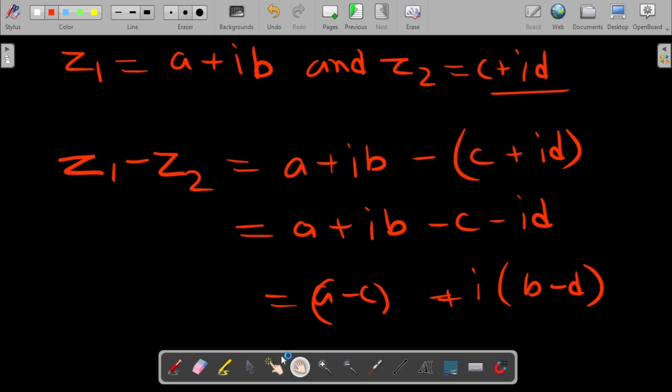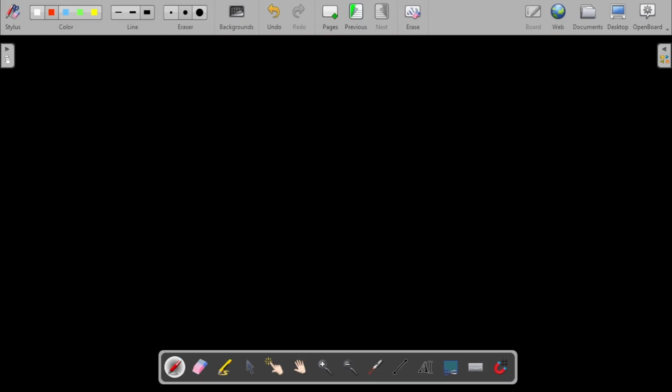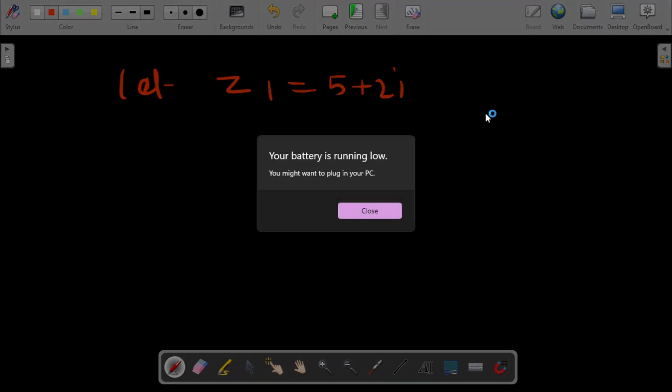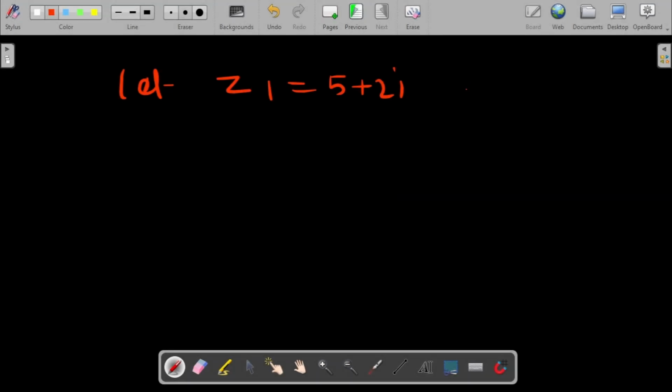Let us understand with one example. Let Z1 equal 5 plus 2i and Z2 equal 3 plus 3i. Now we want to find the difference of Z1 and Z2.